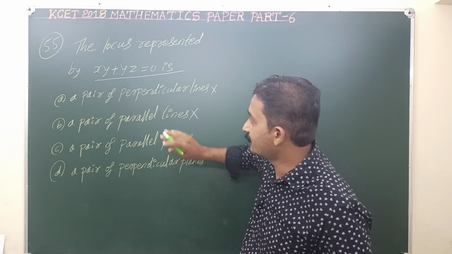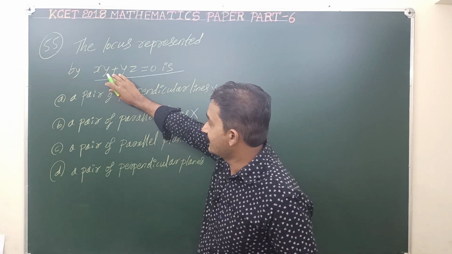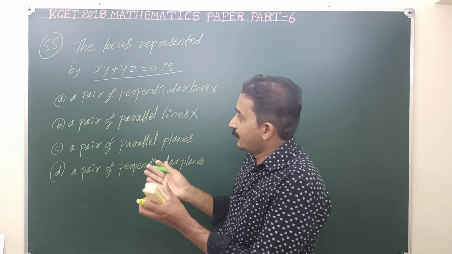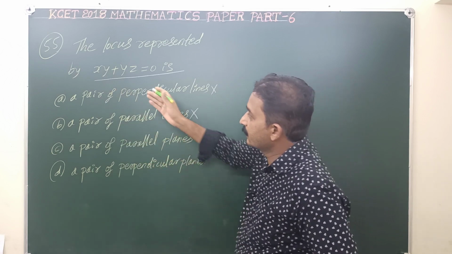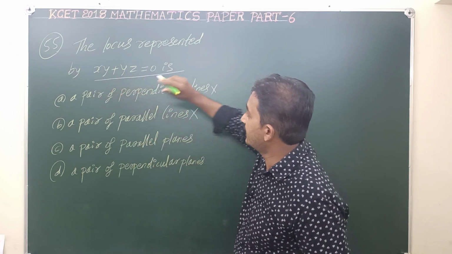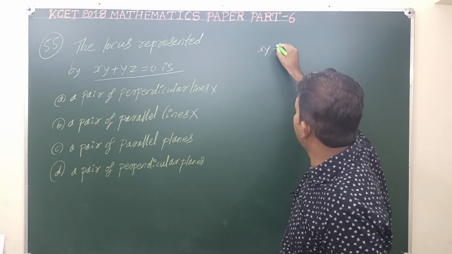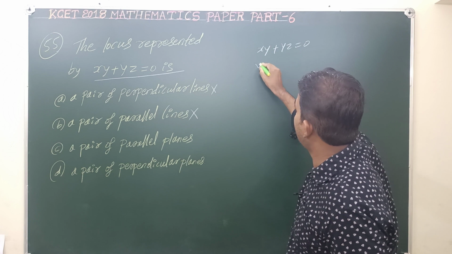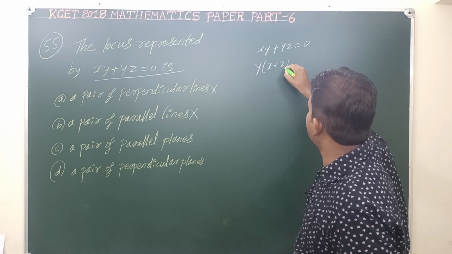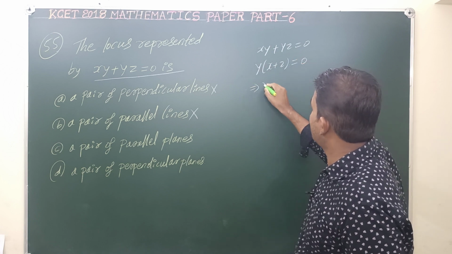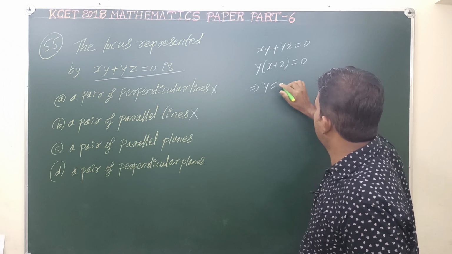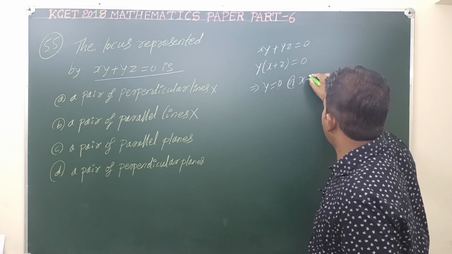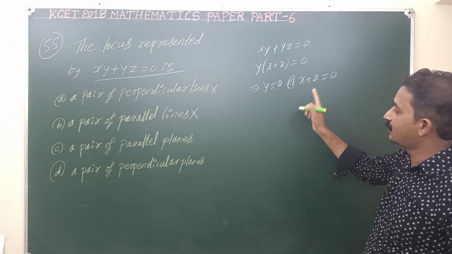First we have to find out the pair of planes in this question. So split into single planes. This can be written as x into y plus y into z is equal to 0. Here take y outside: y into (x plus z) is equal to 0. So this implies y is equal to 0 or x plus z is equal to 0. Here two planes are obtained.